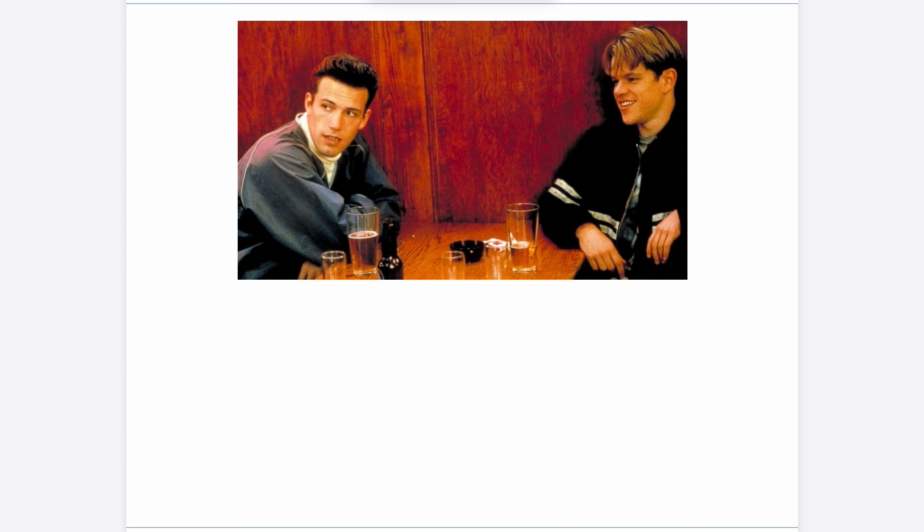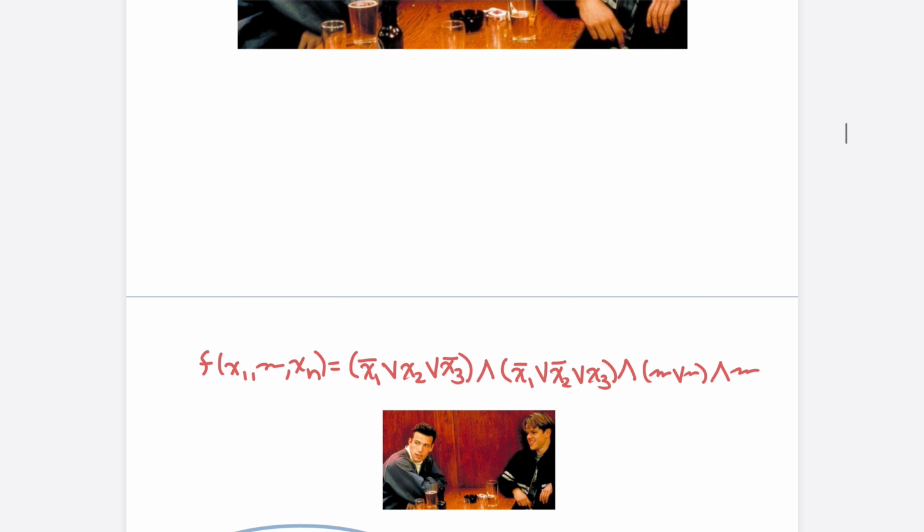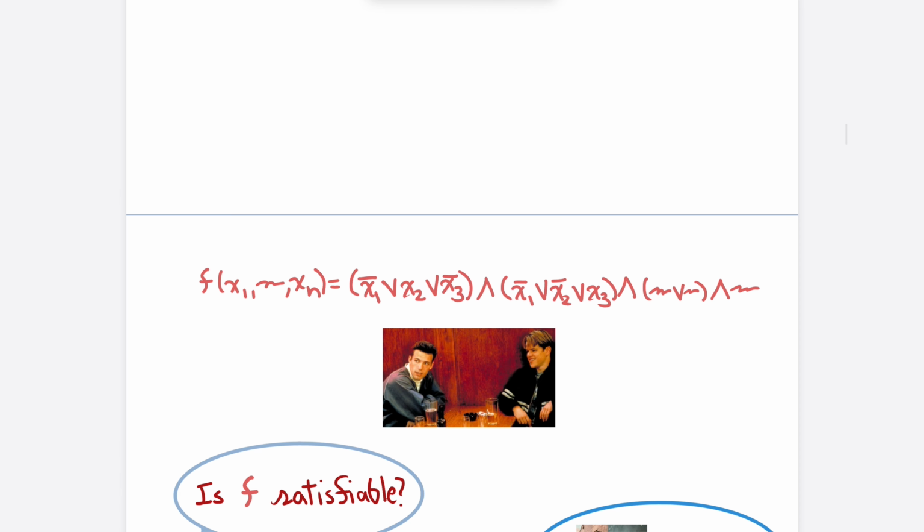So anyway, we have Chucky, Ben Affleck, regular dude, and then Matt Damon, Will Hunting, prodigy. All right, so let's say that they have some kind of SAT formula, right? And they're discussing it. And Chucky, Ben Affleck, is like, hey, Will, is this formula satisfiable?